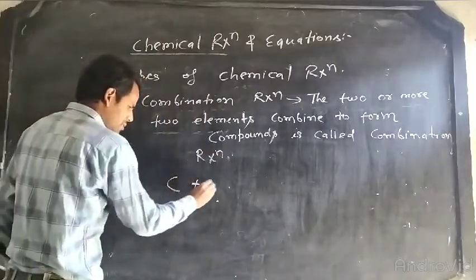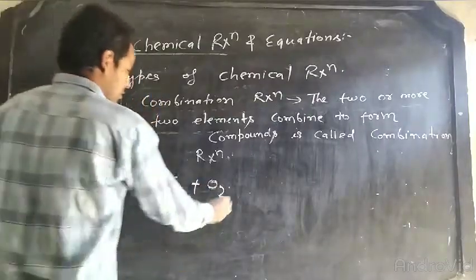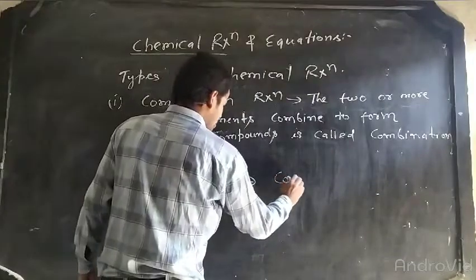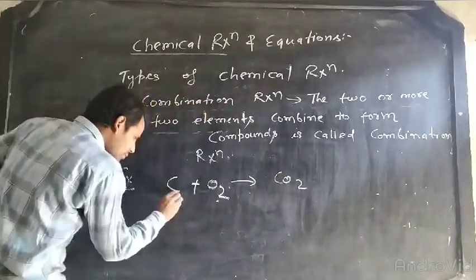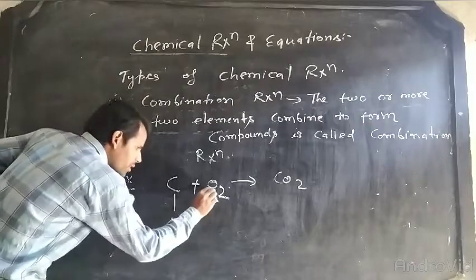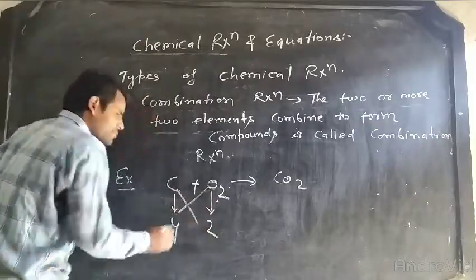Now go to the example. When C plus O2 combine, they form CO2. What is the valency? The valency of carbon is 4, and the valency of oxygen is 2. Cross multiply.